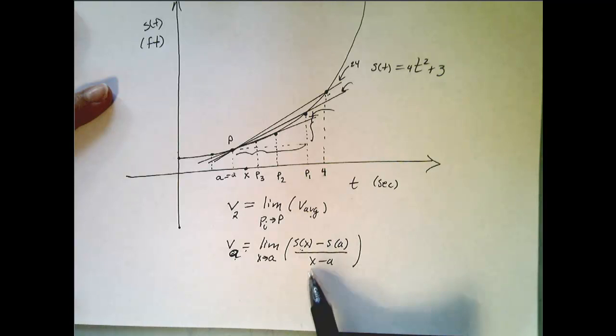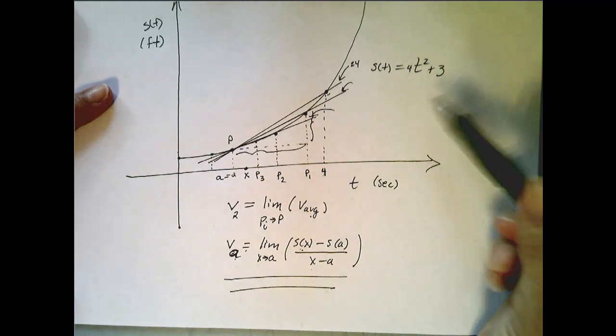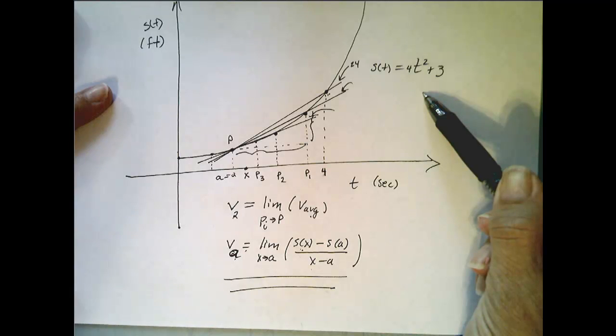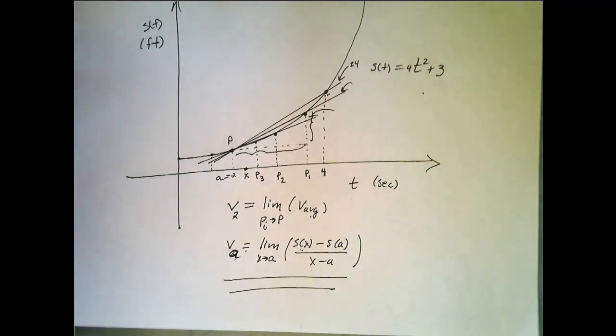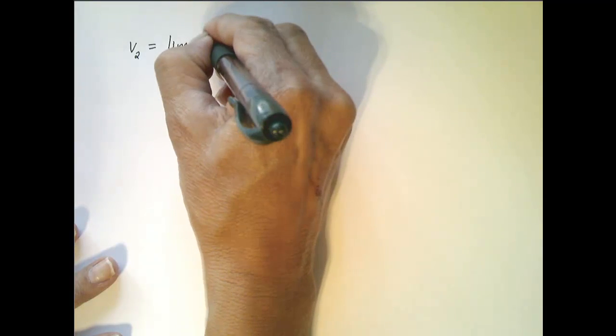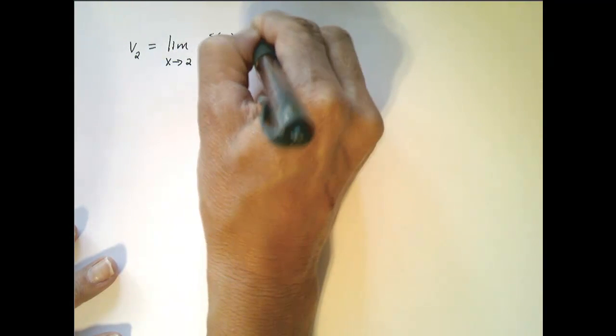All right, let's see then if we apply this to our particular example from before, what the actual instantaneous velocity is at 2. So if the instantaneous velocity at 2 is equal to the limit as x approaches 2, so think of your x values getting closer and closer to 2 on either side of 2, of the average velocities, so s of x minus s of 2 all over x minus 2, right?